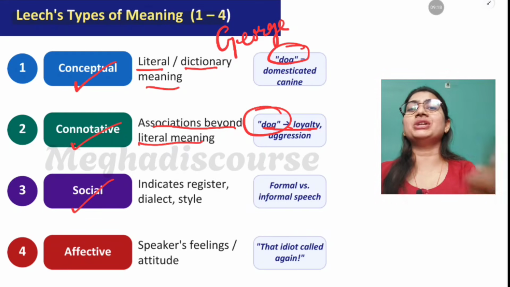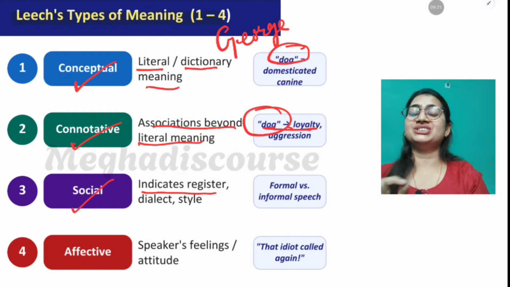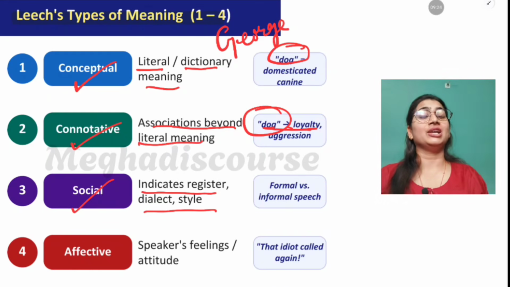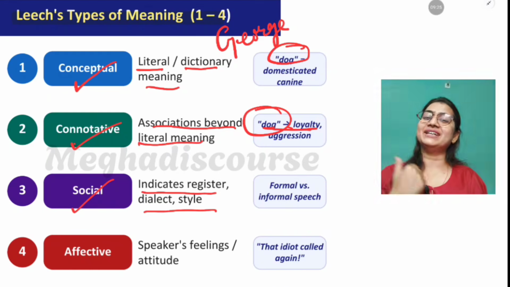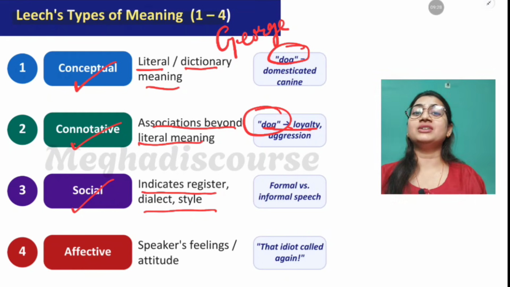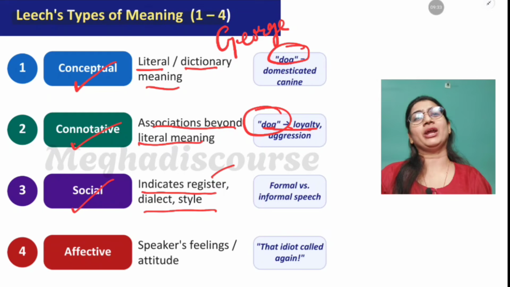Now, what is the social meaning of a word? It indicates register, dialect and style, which we covered in the second lecture, that it comes under sociolinguistics. Register means different native language, different accentual language. In this, you will find the different cultural intentions of a person.